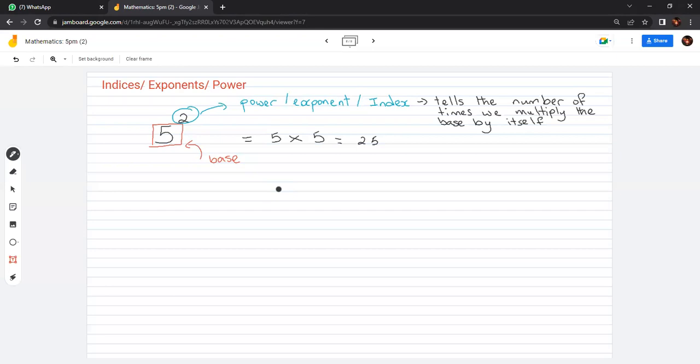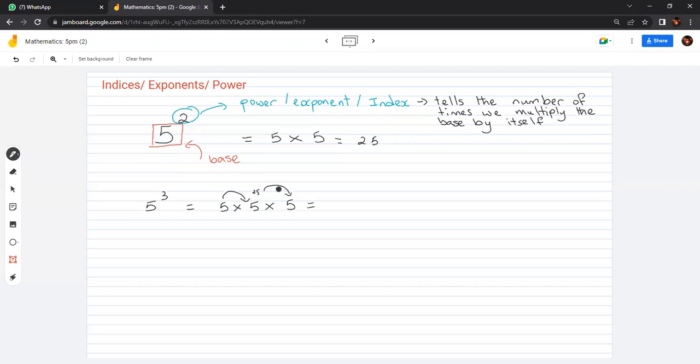Let's say they gave you this one. My base is 5 and my power is 3. So that is telling me I have to multiply my base by itself 3 times. So it's going to be 5 times 5 is 25, and then 25 times 5.